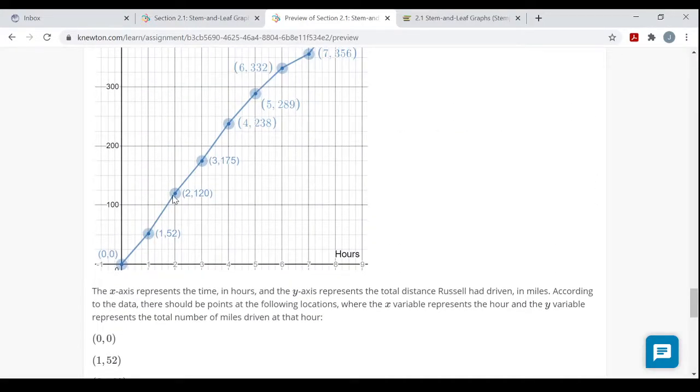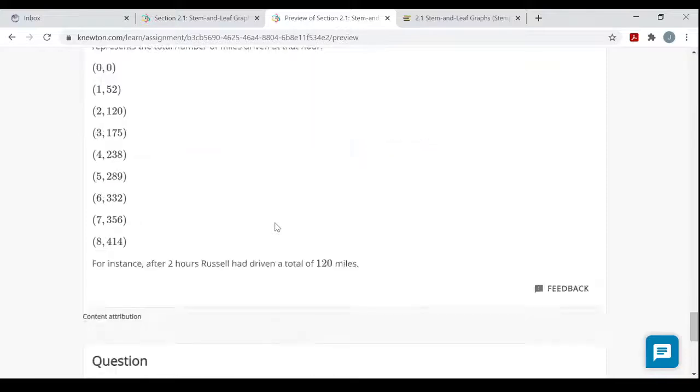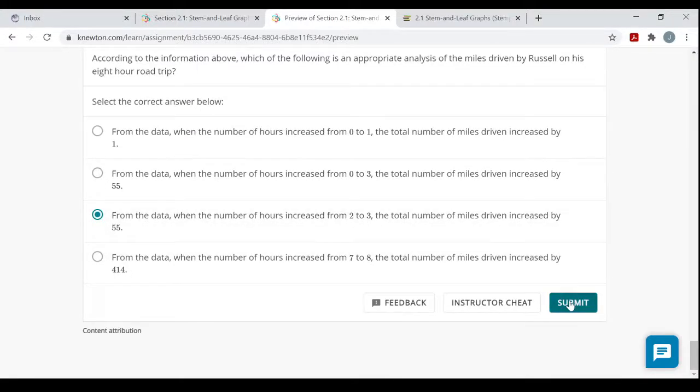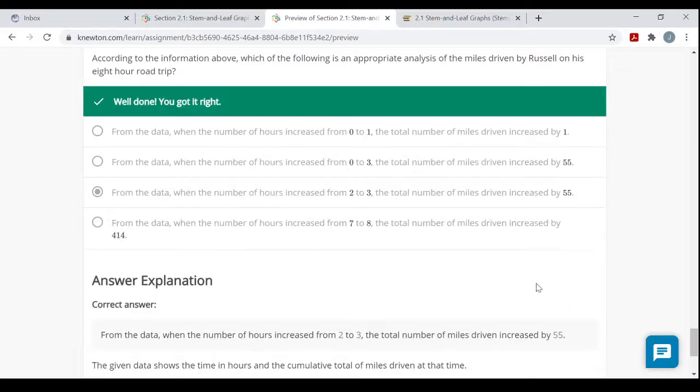So from 2 to 3, yeah, he had driven 120 miles after 2 hours, got to 175 miles an hour later. From 2 to 3, that is an increase of 55 miles. So in that hour, he drove 55 miles. So this is correct. Number 3 there. Wonderful.